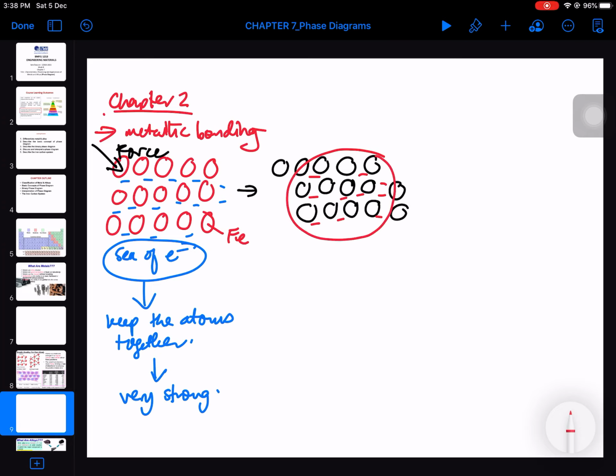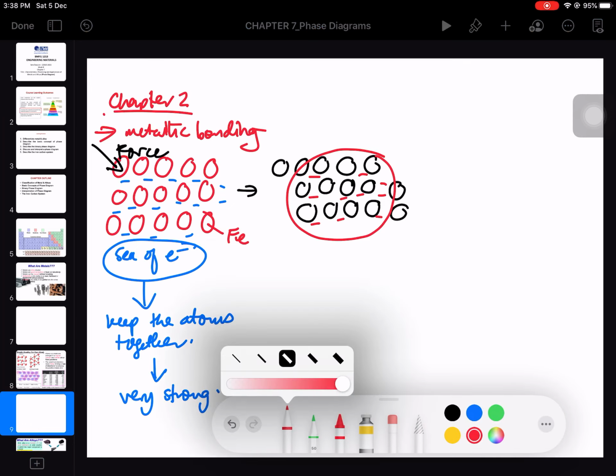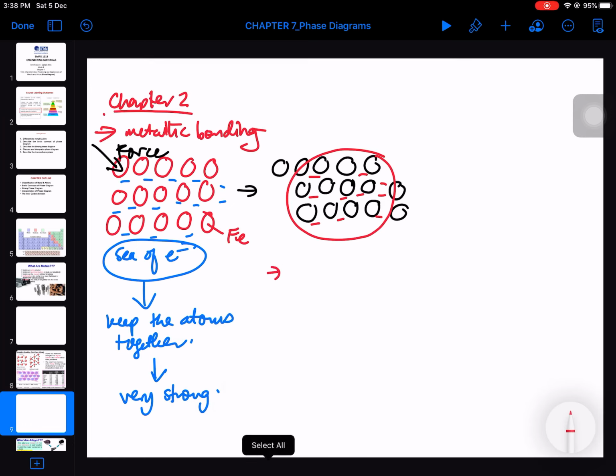It's not going to break instantaneously, as opposed to the ionic bonding, which is normally seen in ceramic materials. For ceramic materials, let's also draw this.